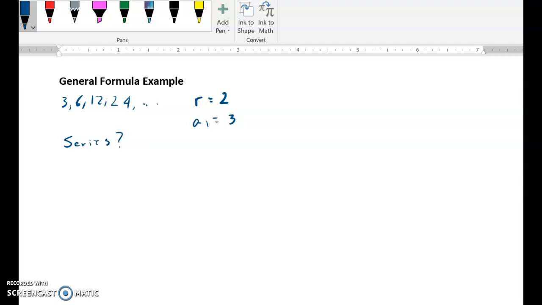We're going to take S sub 10 for this example, or through the first 10 terms. Our A1 is 3 times 1 minus our ratio 2 raised to the 10th, because of the 10, all divided by 1 minus 2. If you plug that into the calculator just like it looks, you get an answer of 3,069.